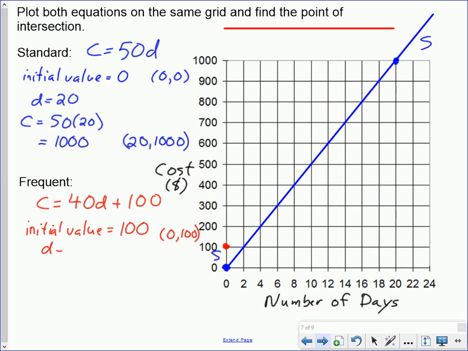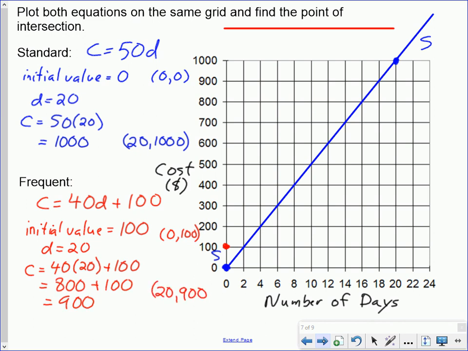If he skis for 20 days, what is the cost going to be? It's going to be 40 times 20 plus 100. 40 times 20 is going to be 800. Plus 100, 900. So the second point that we have here is the point 20, 900.